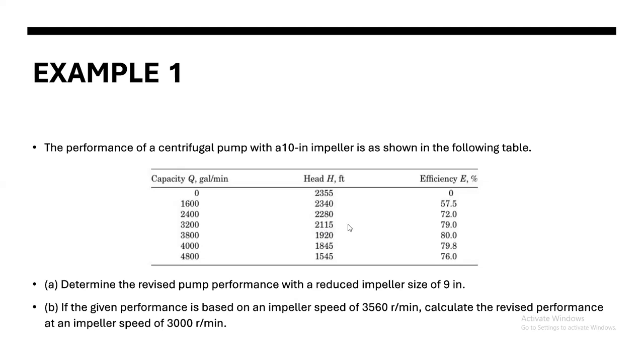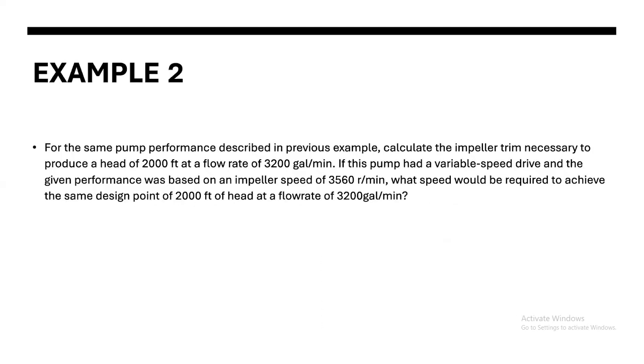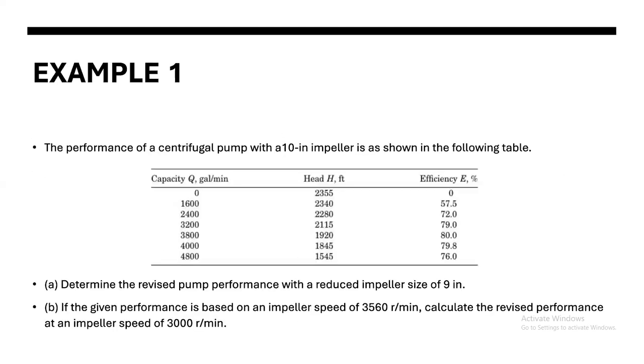Which means this pump was operating at its BEP, this one, 2115, and also the flow rate is 3,200, right? Then 2115 there, and our Q is 3,200.